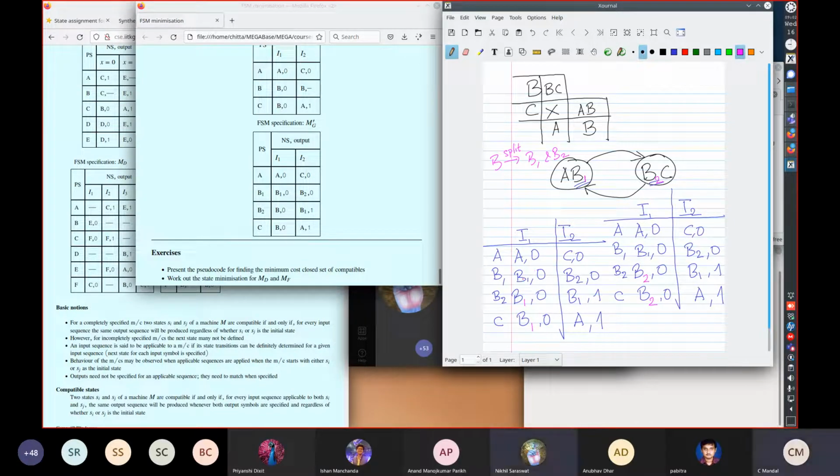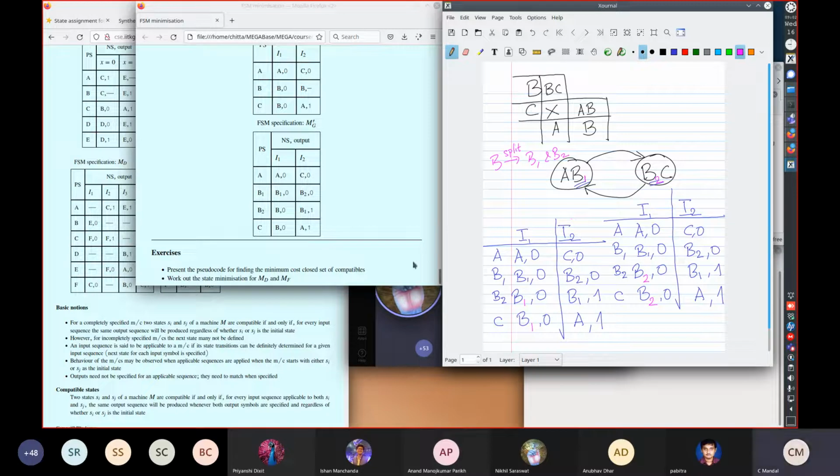So it is better to keep it at B1 rather than B2, if you want to reduce the states. That is the objective of state splitting anyway.